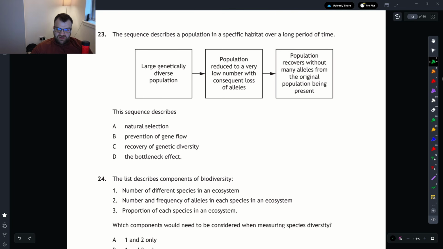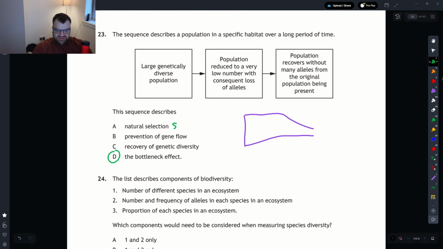Moving on, we're talking about a large, genetically diverse population. This is feeling awfully bottlenecky. We're at a very low number, loss of alleles, and then it recovers, but it's lost a bunch of the genes that were there originally. That's very much feeling like this.